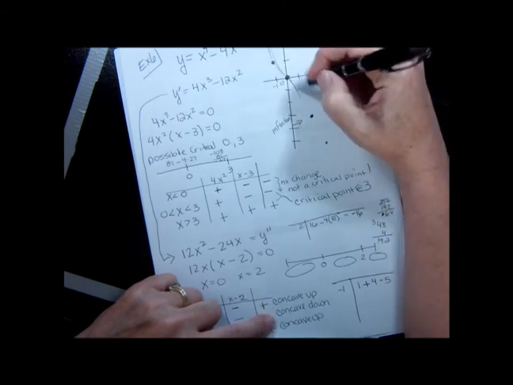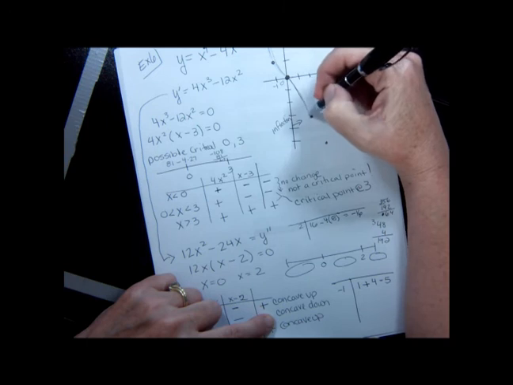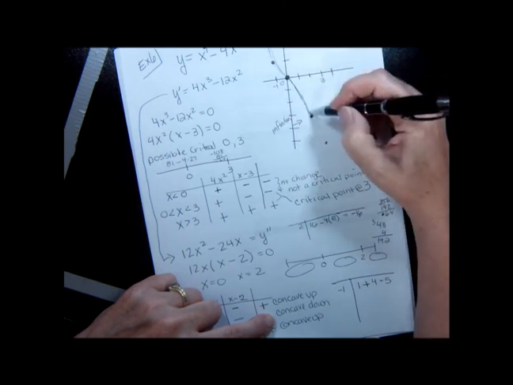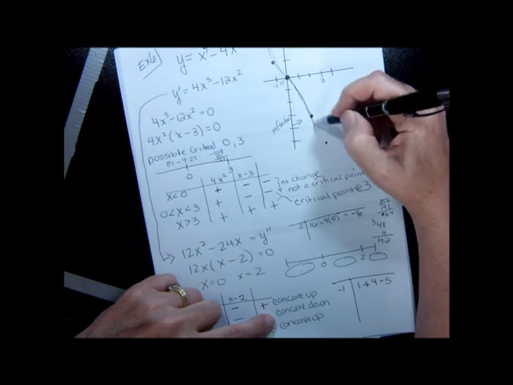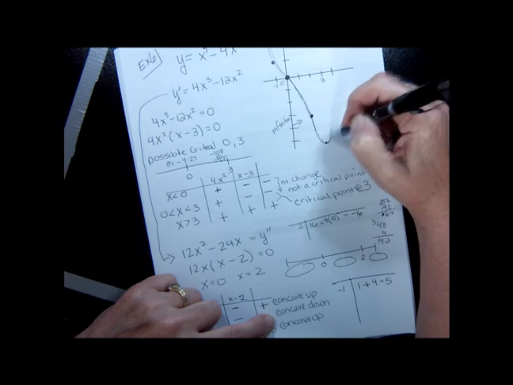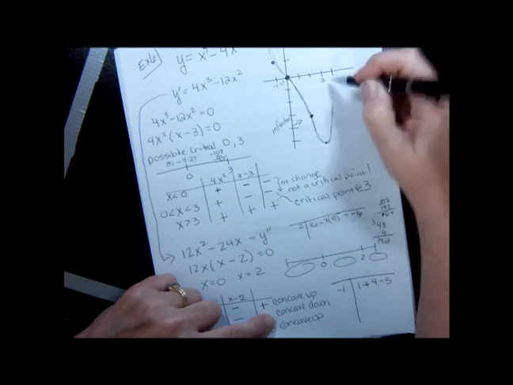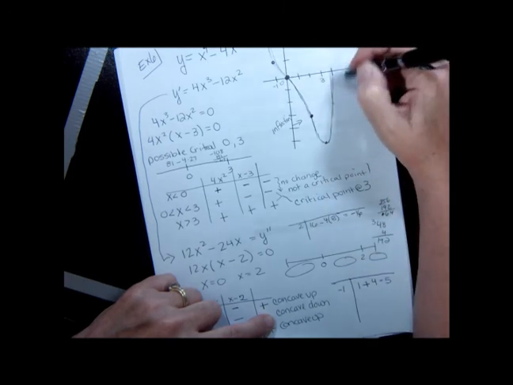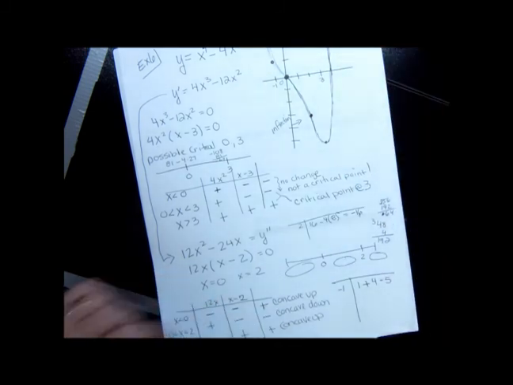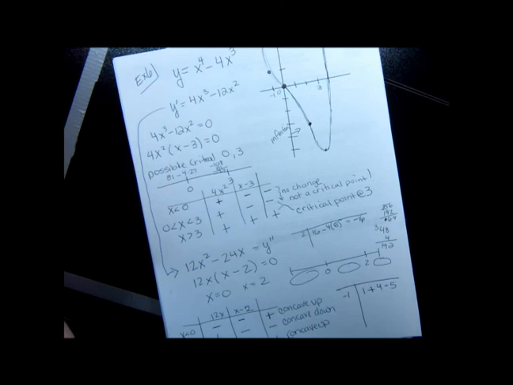So I turn back around this way. And then I hit another inflection point. So I go from concave down back to concave up. And then I'm going to shoot straight up, steep, to hit my other guide point way up there.